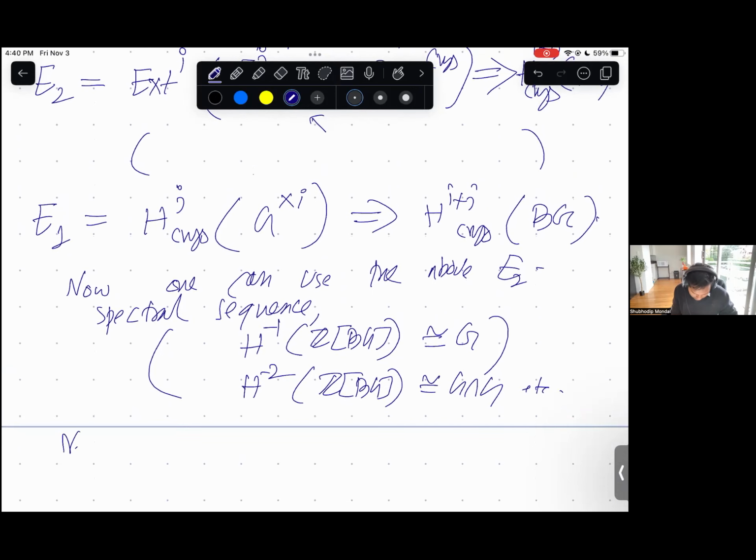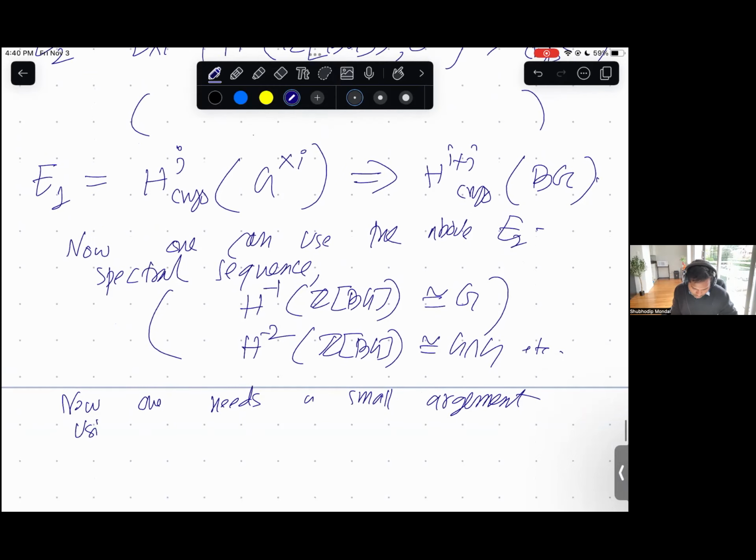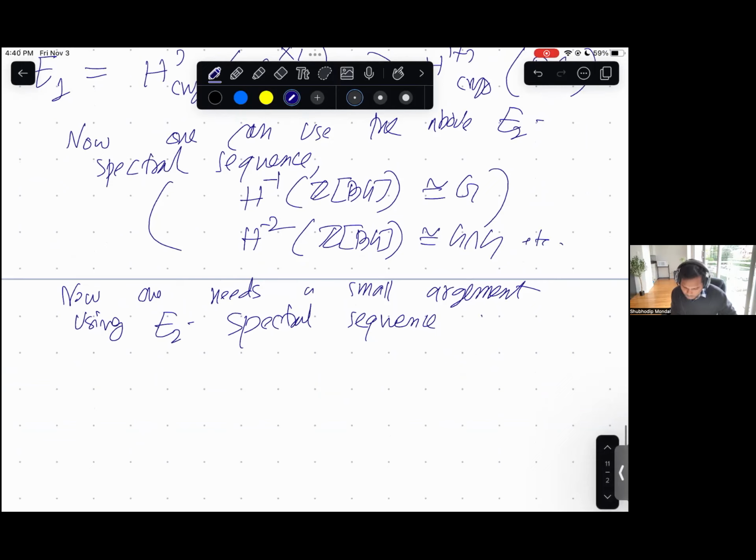So now one needs a small argument using the E2 spectral sequence, which would give an isomorphism.